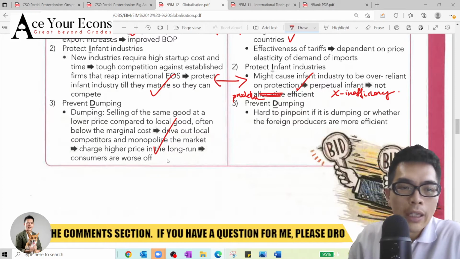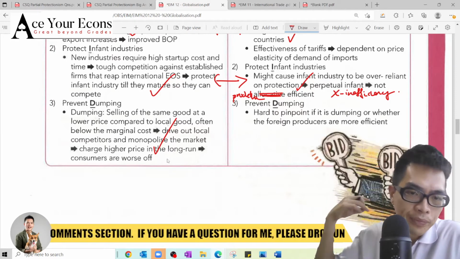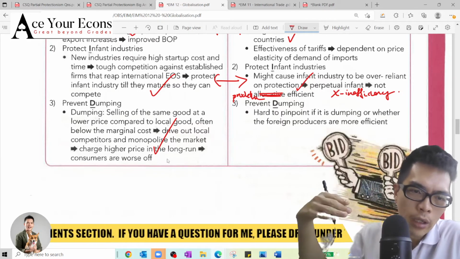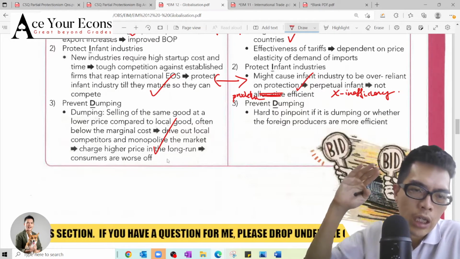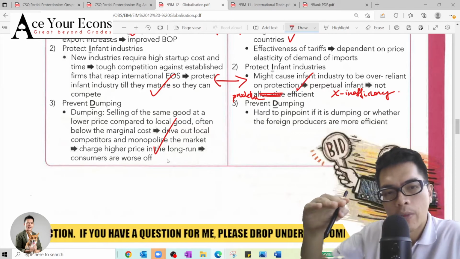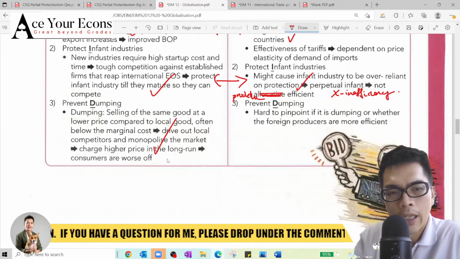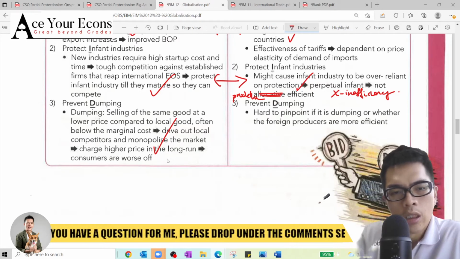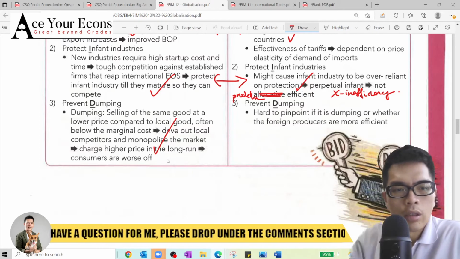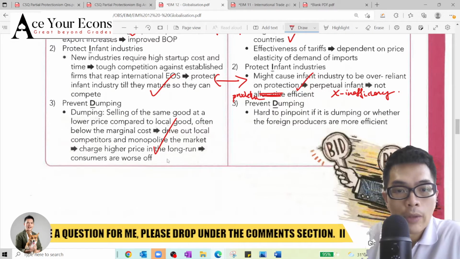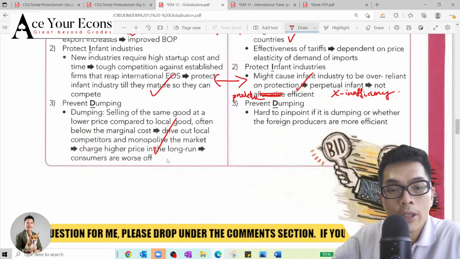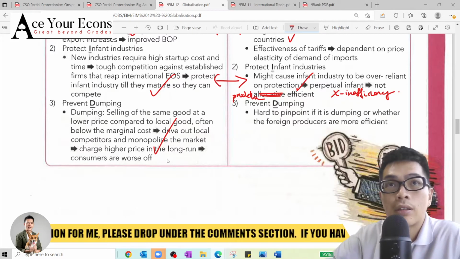So the whole idea of dumping is that foreign imports receive an unfair advantage because of illegal subsidy granted by their government. They will drive out local producers and monopolize the market. Remember, just now we covered the concept of market dominance, right?